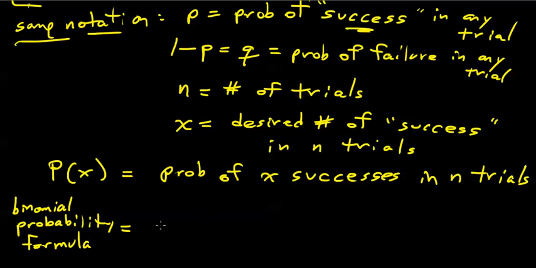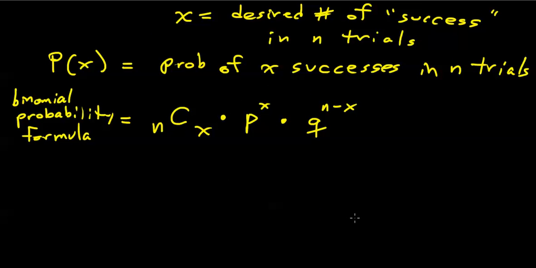Let me give you the binomial probability formula now. I'm going to write it in this fashion, a little bit different than the book writes it. I'm going to write it as n choose x, more about that later, I know we haven't seen that operator yet, times p to the x power times q to the n minus x power. Alright, now don't run away. This is my binomial probability formula.